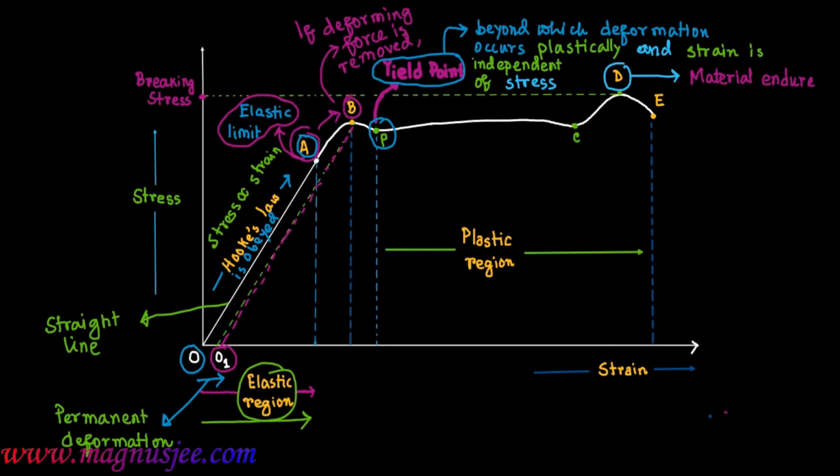At the point D, the material can endure stress before failure, and the stress corresponding to the point D is called the breaking stress. If we draw a normal from D on the stress axis, we get the breaking stress at which the body can endure before failure.